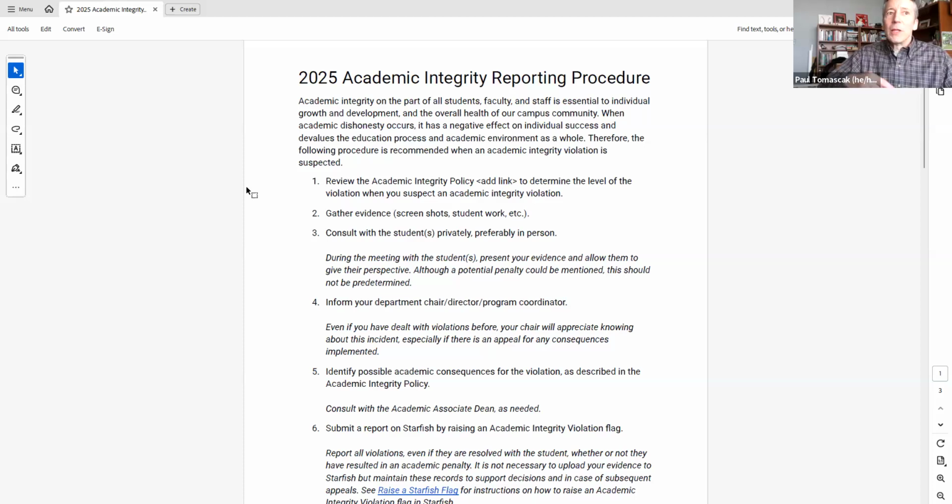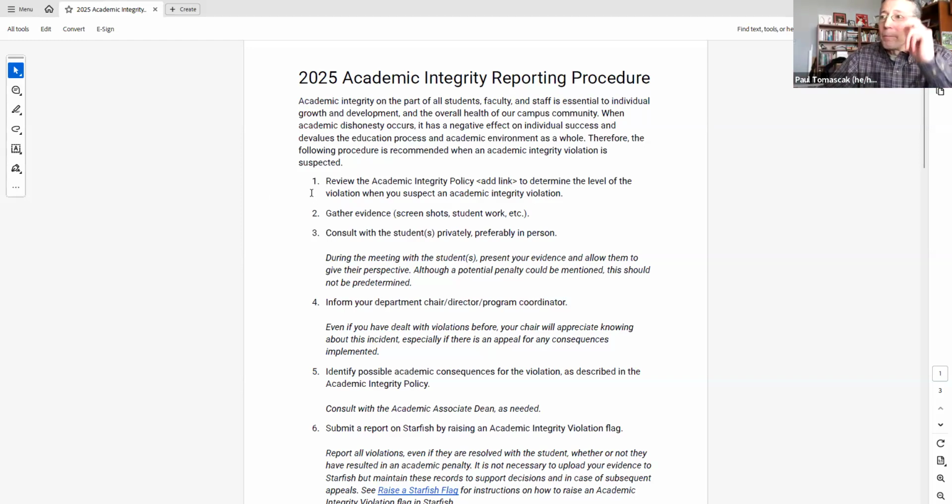And so it may be that there was something minor in your class, but if there's also something minor in John's class and something minor in my class, these are things that if people aren't reporting, we don't know about. But if they are reporting, we have a system where we can catch repeat offenders.